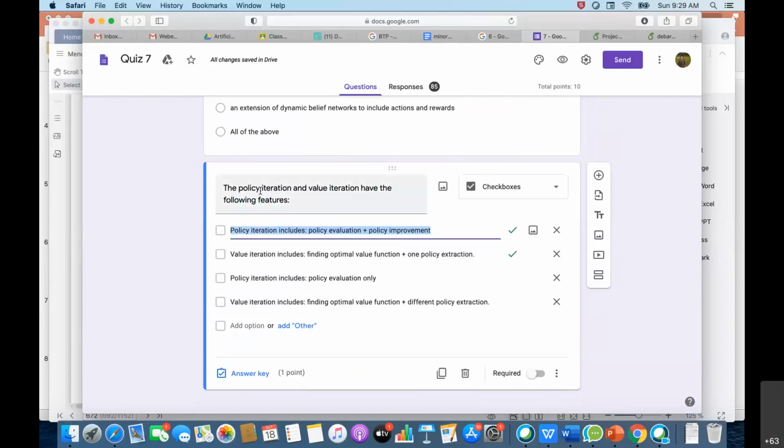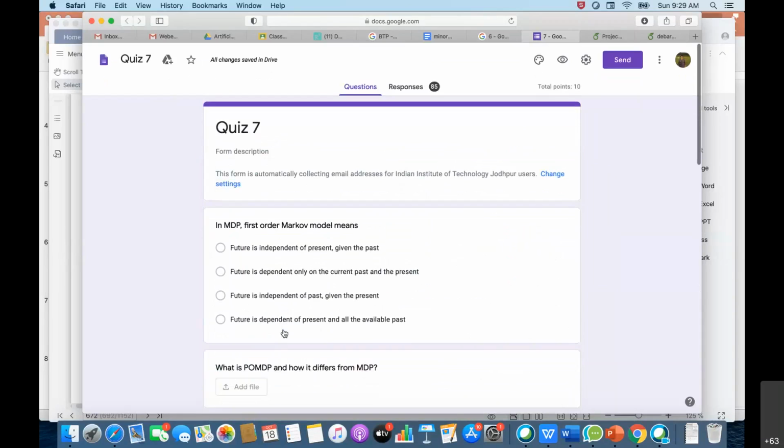Policy iteration and value iteration have the following features. Policy iteration includes policy evaluation and policy improvement, whereas value iteration includes finding optimal values plus one policy extraction. So, these are the solutions of the quiz. And if you have any further doubt, you should ask me.